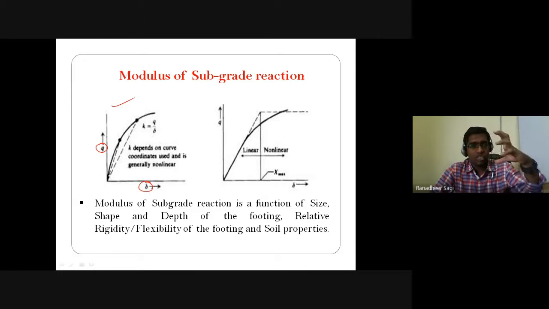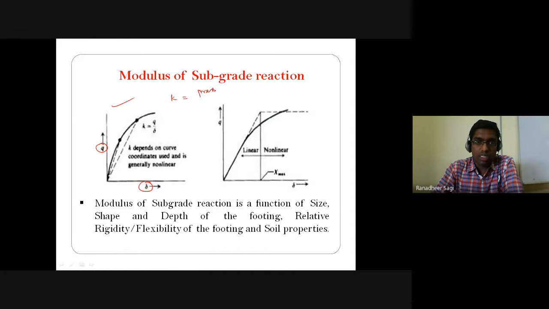From this load versus settlement curve, for whatever amount of settlement you want in that plate, I can find how much corresponding pressure was transferred through that plate. So if I know the pressure and that amount of settlement, I can calculate, and substitute to get the modulus of subgrade reaction value of that particular soil.